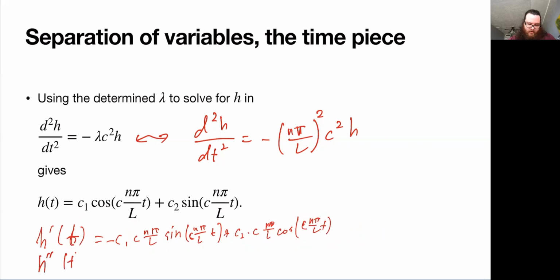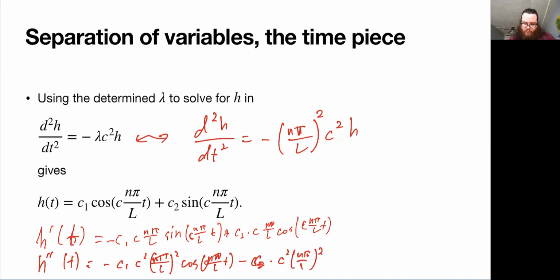H double prime of t is going to be minus C1 c squared n pi over L squared cosine n pi over L t, c in front, minus C2 c squared n pi over L squared sine c n pi over L t.